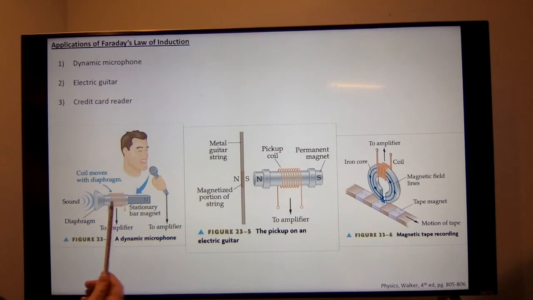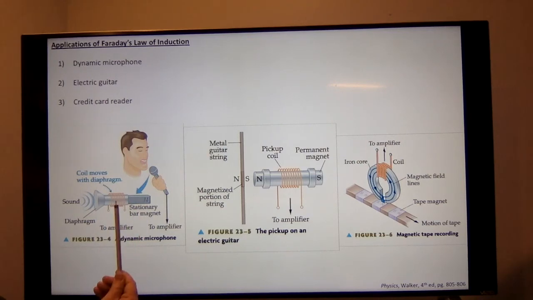So what happens is there is a cone that can sort of catch the sound waves, and this is really, really lightweight, so that the sound waves hit this and will vibrate this cone, which is attached to a coil of wire, and that whole thing is sliding back and forth on top of a permanent magnet.